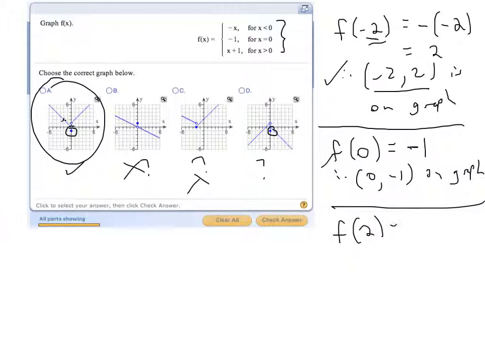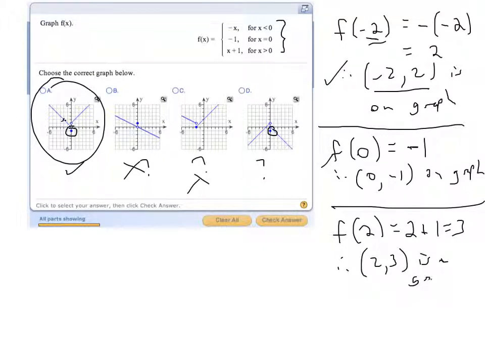F of 2, again, I'm putting in numbers that meet different ones of these criteria. If x is 2, then this condition, x greater than 0, is true. 2 is greater than 0 is a true statement, so I would use this formula when x is 2. So if I use this formula when x is 2, it'll be 2 plus 1 equals 3. And so therefore, the point 2, 3 is on the graph.